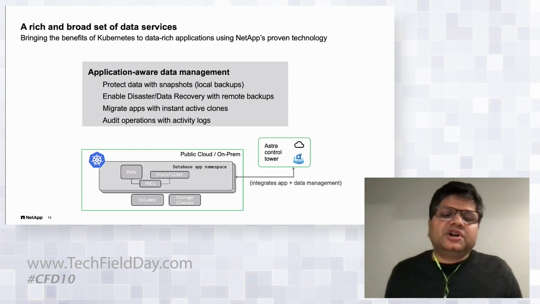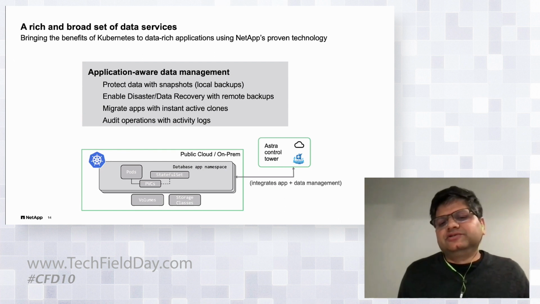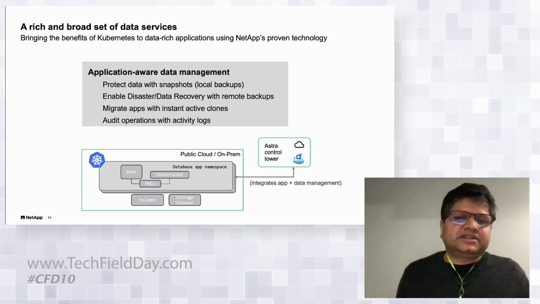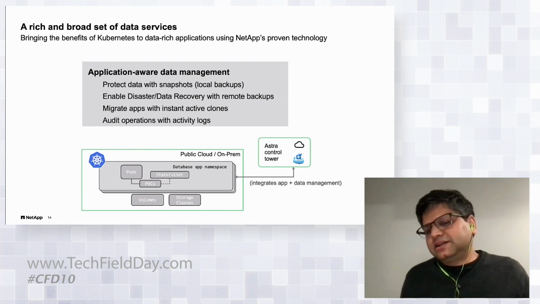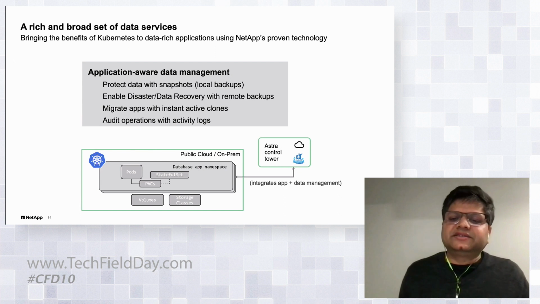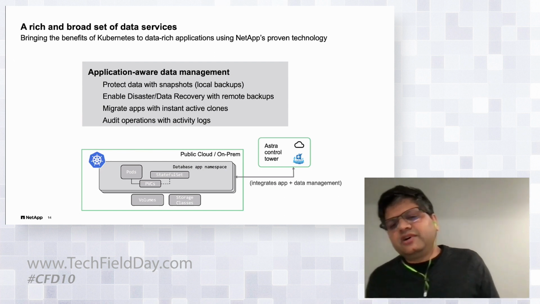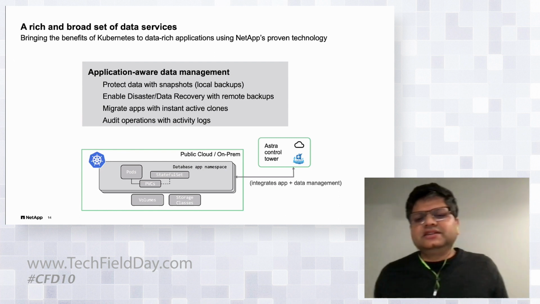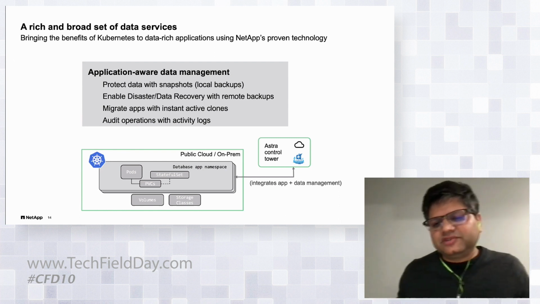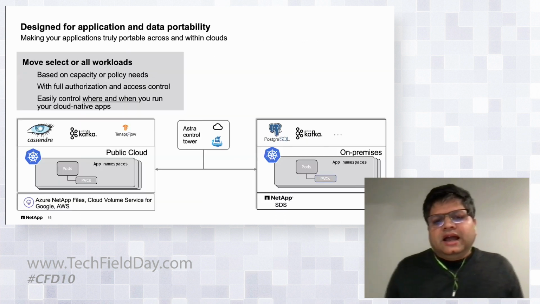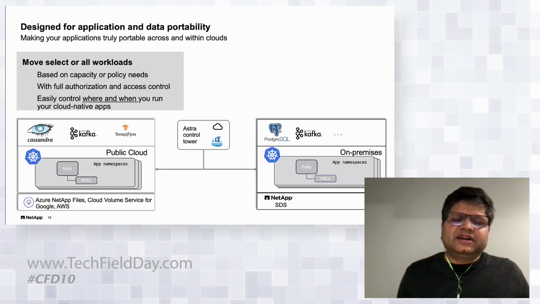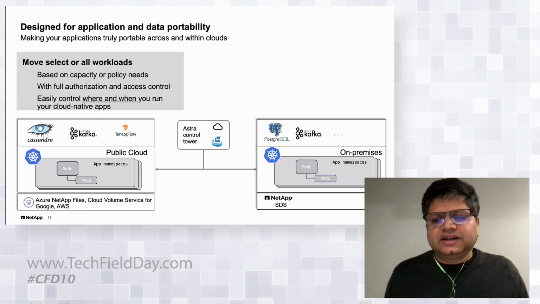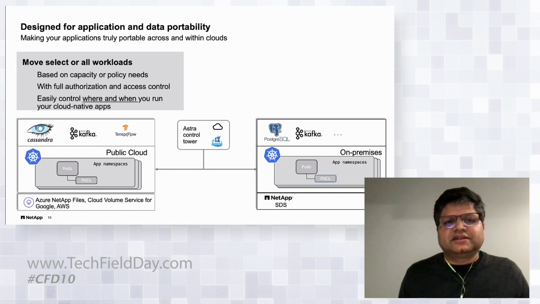So, per user, you can see user 1 took a snapshot at this time, backed it up at that time, cloned this application from this cluster to that cluster at that time. So all of that is available, which is very valuable sometimes for a lot of customers because of all the data and the apps that are getting created in these clusters, and they want to keep a trail of what's going on.